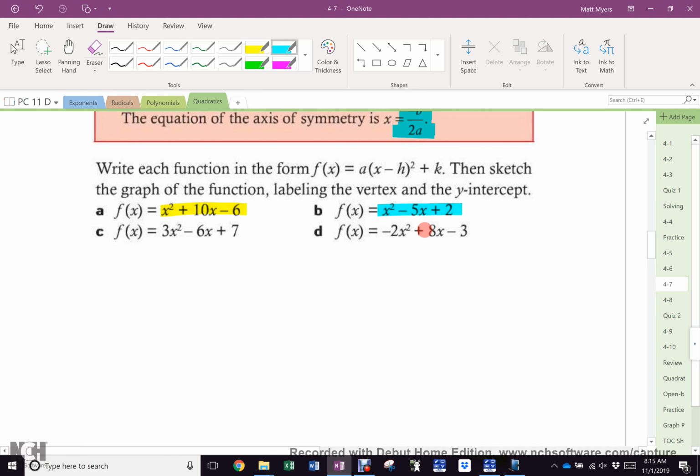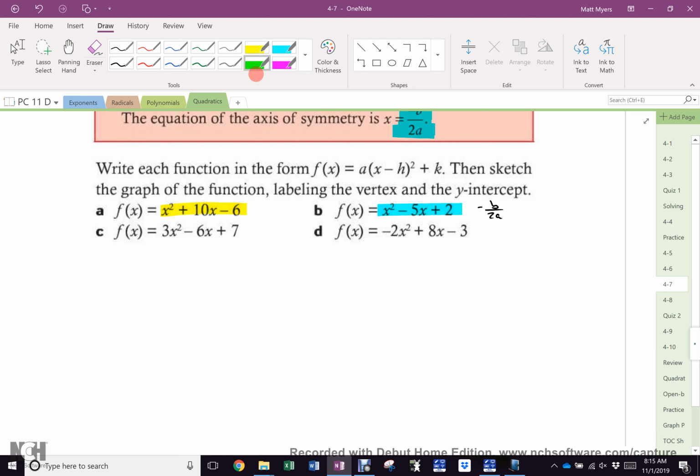What are we going to do? We don't want to complete the square there. Since we can't complete the square, we have to either factor or use the quadratic formula. Now if we use the quadratic formula there, just by looking at it, we know it's not going to be pretty. So this is a good one to use the negative b over 2a.